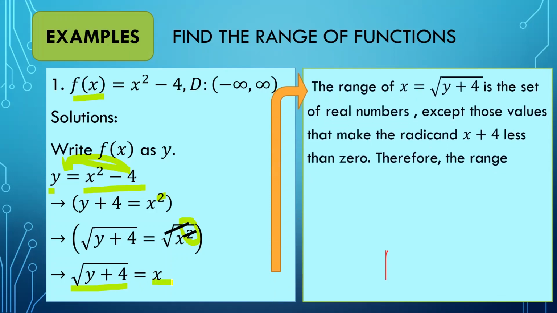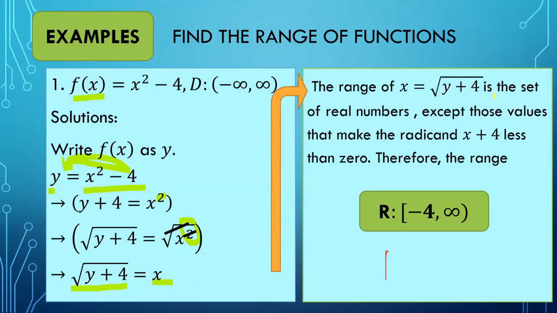Therefore, the range of x is equal to the square root of y plus 4, which is the set of real numbers except those values that make the radicand y plus 4 less than 0. Therefore, the range is from negative 4 to positive infinity. Why?